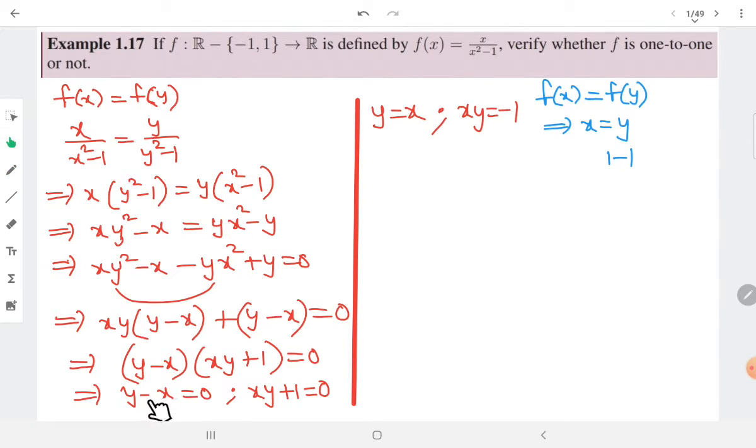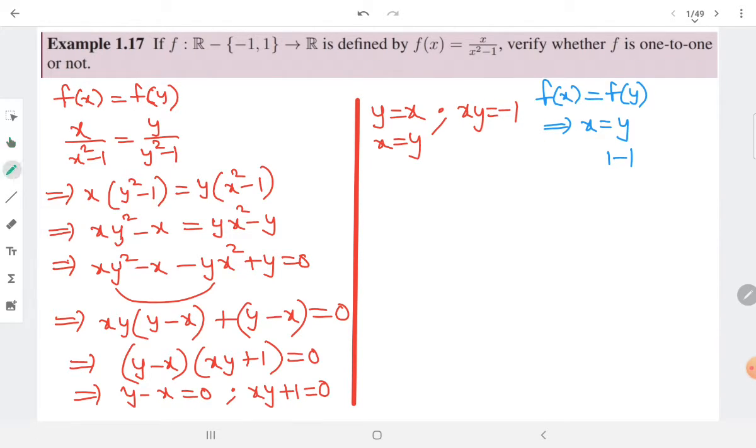From the first we get y = x, or x = y, anything we can write. Now according to the 1 to 1 definition, if f(x) = f(y) and I get only x = y, then I can say it is 1 to 1. But here, I got x = y, and also xy = −1, the other condition.